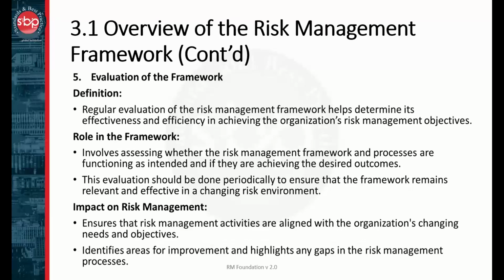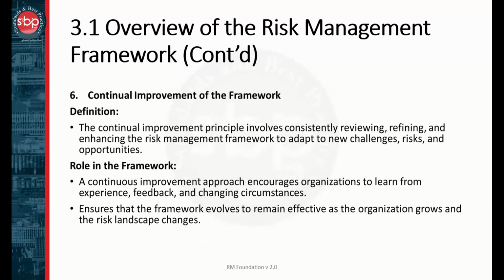Then we have the fifth one, which is evaluating the risk management. This talks about you regularly assessing what you've done, just to ensure that we are still on track. So you assess, where are we? Is this effective? Is what we put in place okay to help us achieve our objectives? You need to regularly evaluate. And of course, definitely improvement is very, very important.